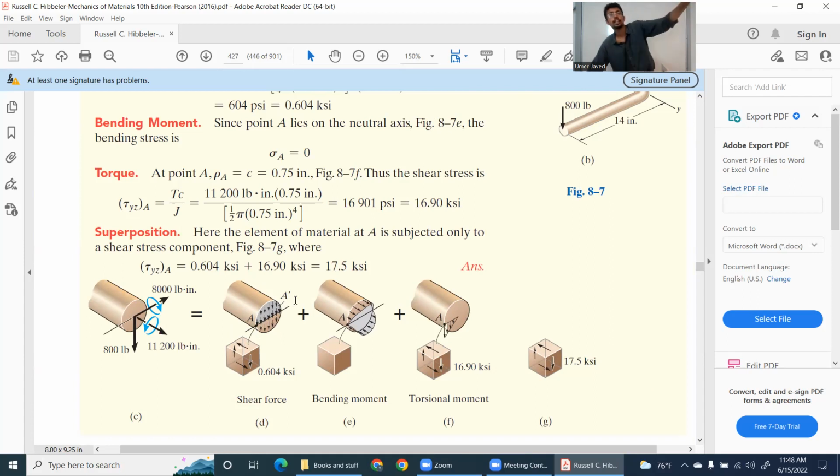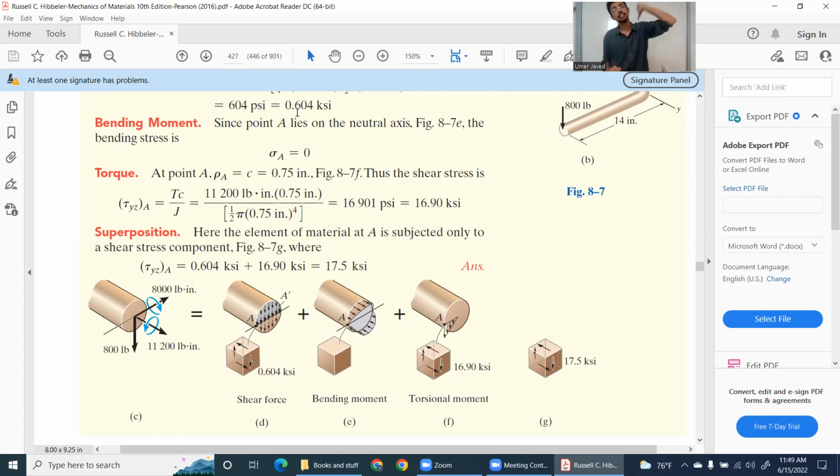So you talk about the transverse shear through a particular point, or you talk about a longitudinal shear through a particular point. They are both equal. You can still ask me, but then why V over A that we used to study, that's not the same as VQ over IT? Well, the answer is that V over A is the average shear stress, and VQ over IT gives you the shear stress at a particular layer at a particular point.